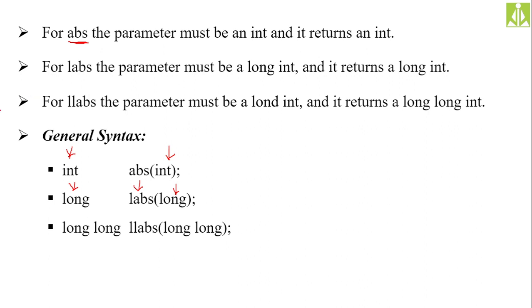Always you will get the output as a positive value. Hopefully you understand the use of an absolute value in your mathematics. So here also LLABS, long integer. It will take the long integer value as parameter and return the long integer value as output.